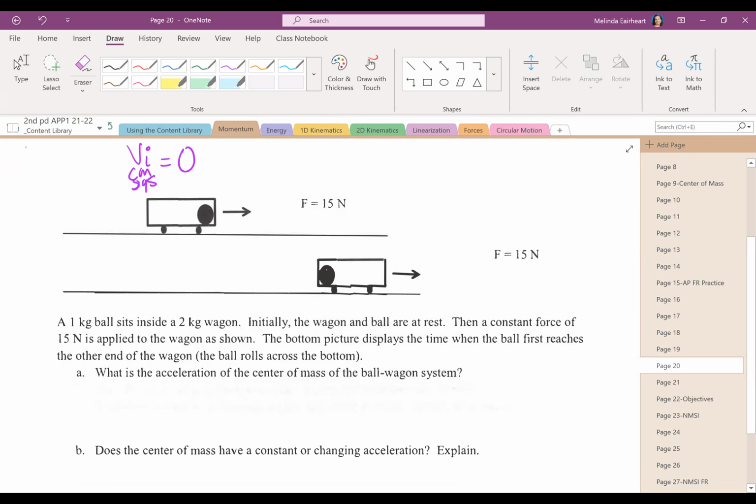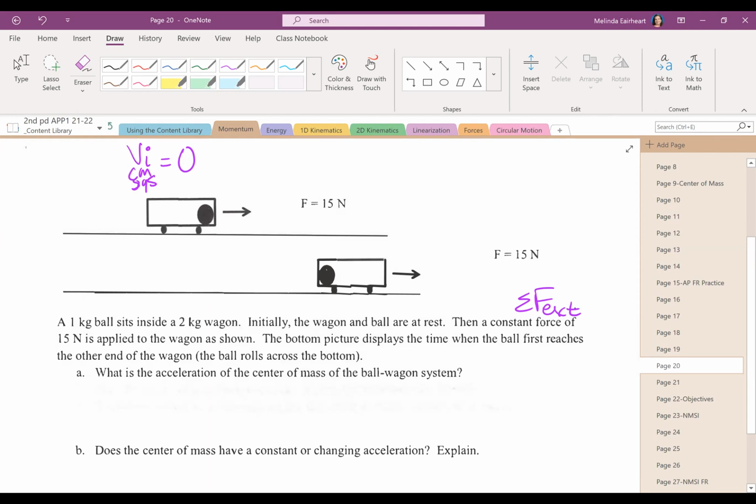Then a constant force of 15 newtons is applied to the wagon. So here comes that net external force. If it's applied to one of the objects in the system, then you could say it's on the system as well. The bottom picture displays the time in the future when the ball first reaches the other end of the wagon. Now, yes, there's rotation, there's rolling here.